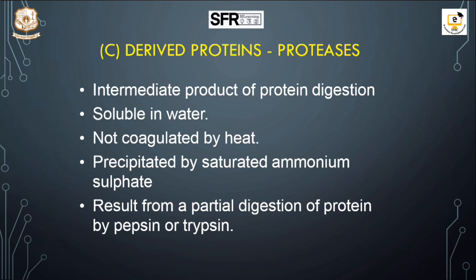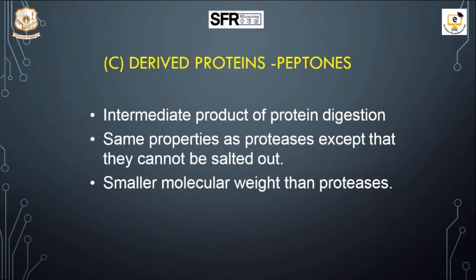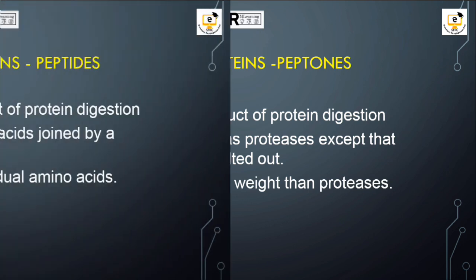In the initial stage of partial digestion, proteoses are obtained. They are digested by pepsin and trypsin. After the proteoses, we get peptones as a secondary product. Peptones have a smaller molecular weight than proteoses; proteoses have the higher molecular weight.